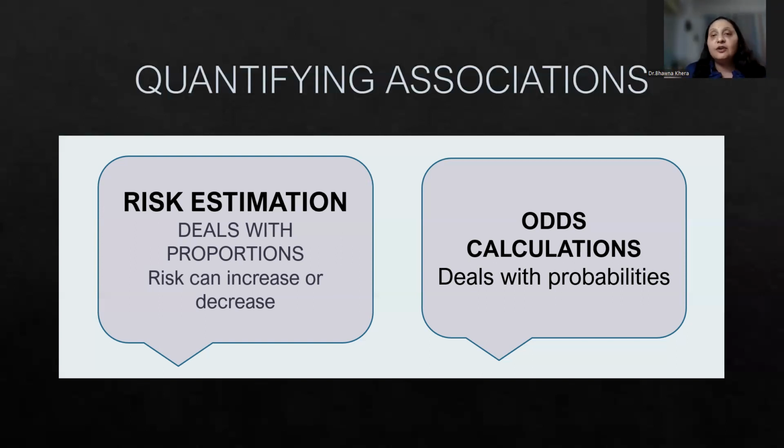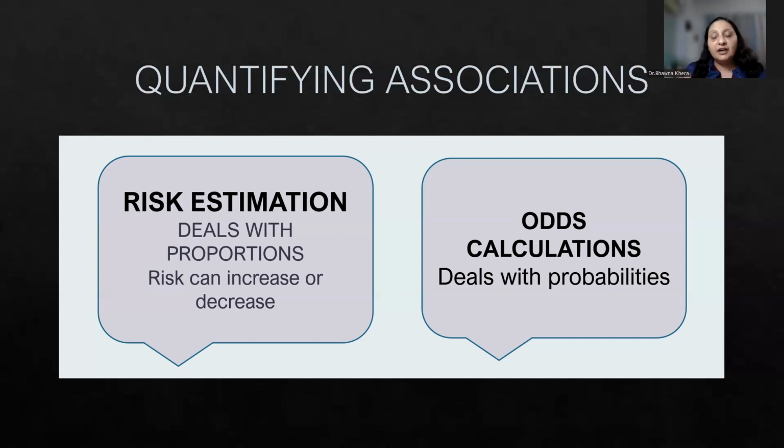What is a case control study? We take up cases. That is, we take patients of lung cancer. We take 100 patients or 200 patients of lung cancer, whatever sample size we decide. And then we go retrospectively and we try to search how many of them were smokers and how many of them were non-smokers.